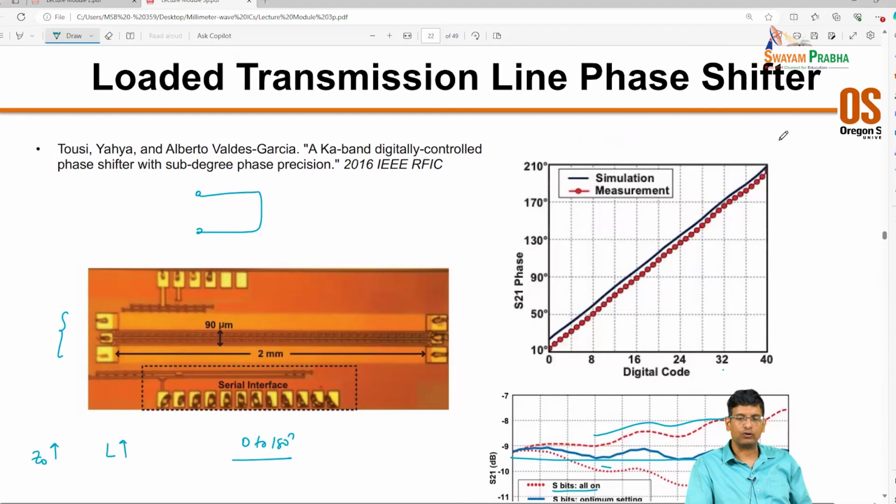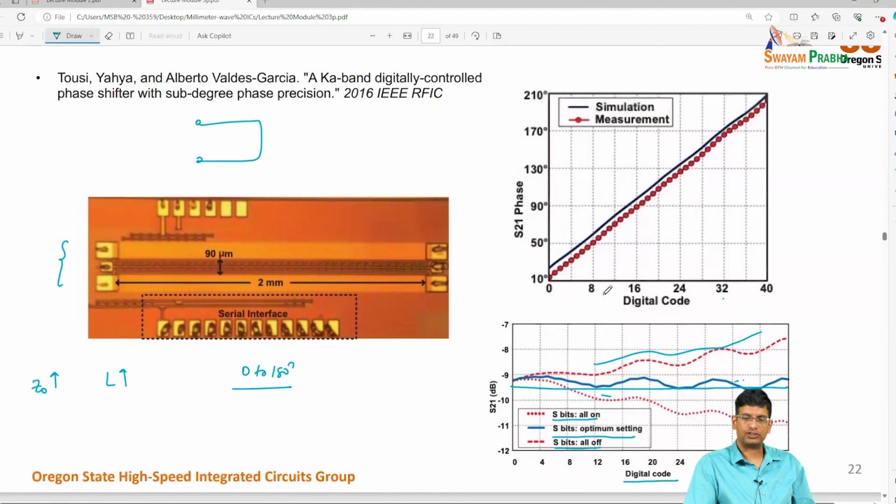So you have 40 codes across 180 degrees. So technically, you could think that you have a resolution of 180 over 40, right? So something that is of the order of a few degrees, right? But the phase shifts are pretty precise and repeatable across process, right? So this forms a part of a very large chip that this group published.